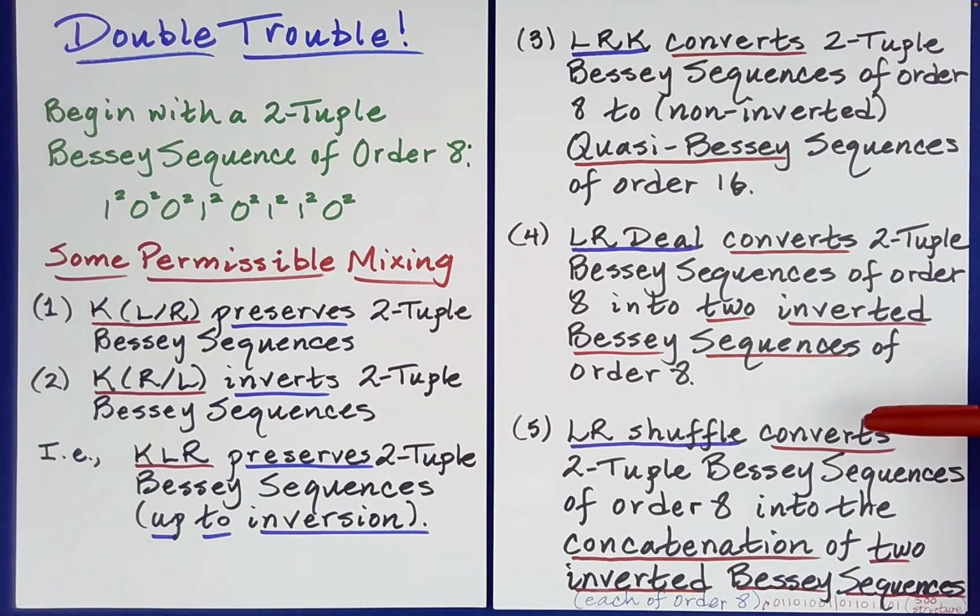Number 5, the LR shuffle converts two-tuple Bessie sequences of order 8 into the concatenation of two inverted Bessie sequences.